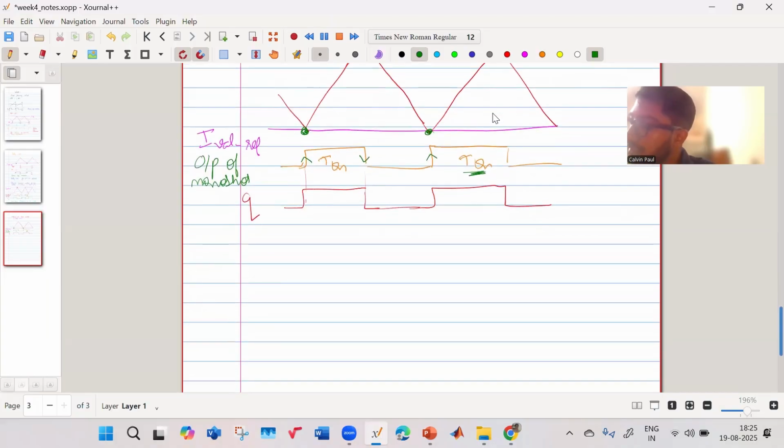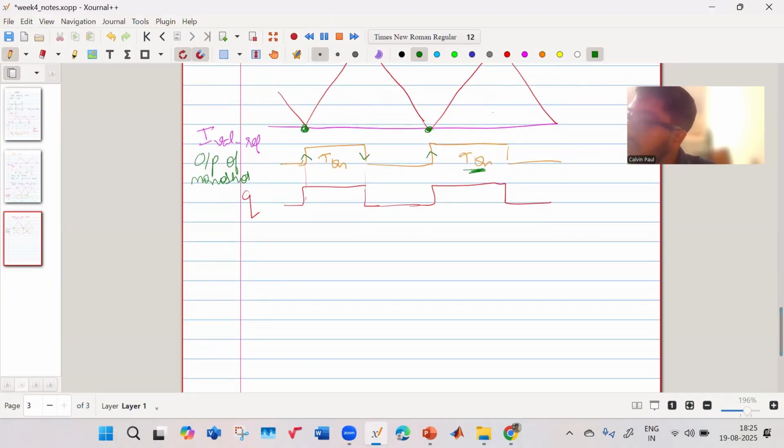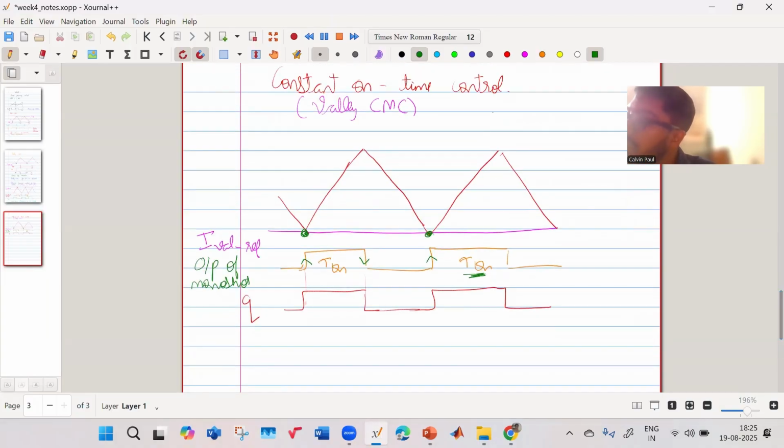So next, since this is valley current mode control, it is a type of leading edge modulation. Because when this switch turns on, that instant is what is controlled.